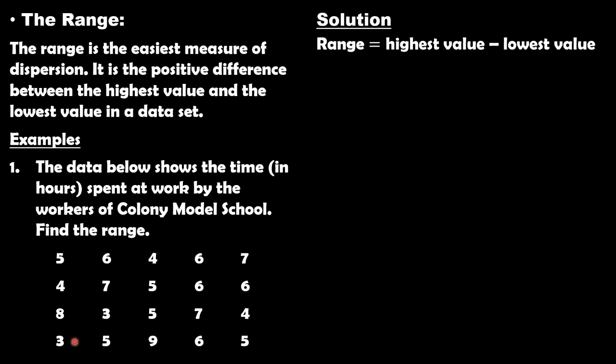That is, no values are below 3. Therefore, since our lowest value is 3, we apply this to the formula. The highest value is 9 and the lowest is 3. So the range equals 9 minus 3, and the range equals 6.